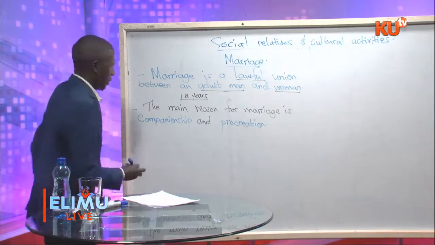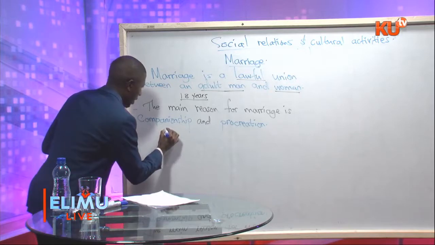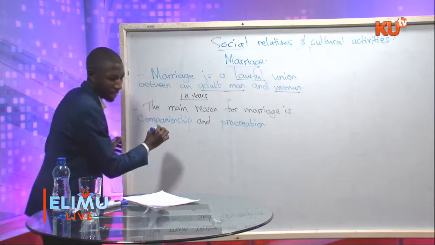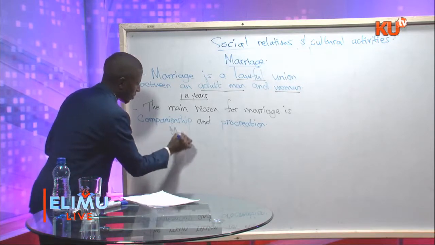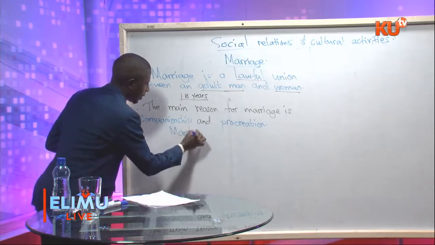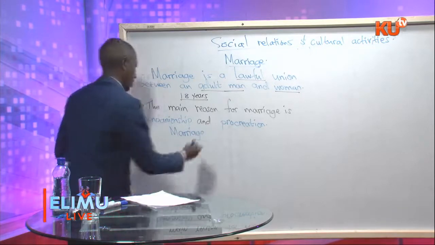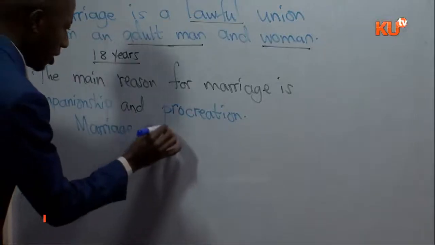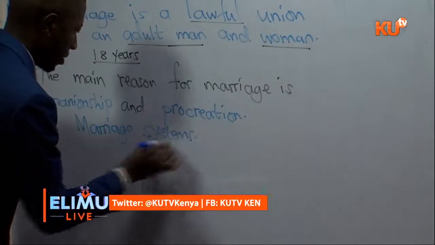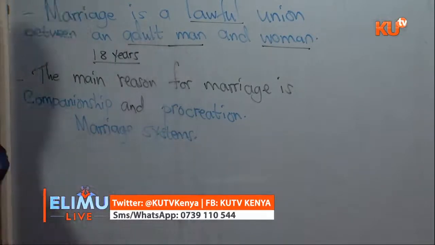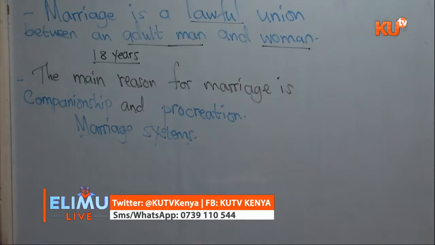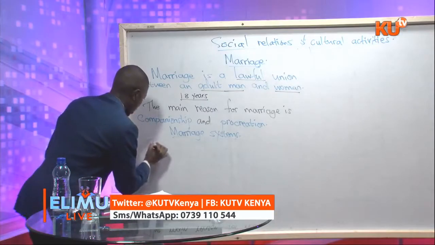Now, types of marriage or marriage systems. The best word to use is systems, because these are actually systems. There are three marriage systems in this country. First is customary marriage.